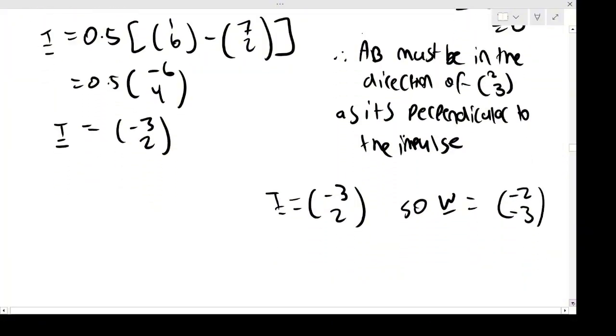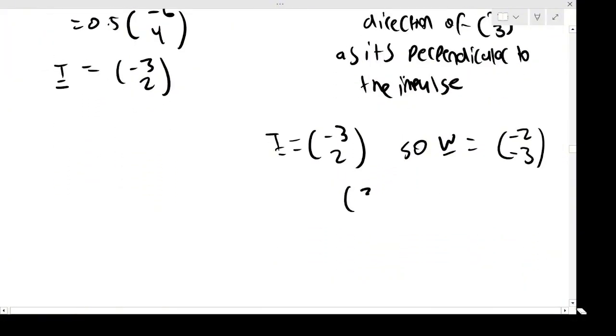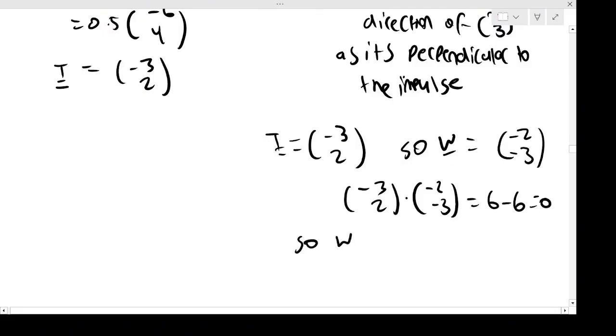That's still perfectly fine. So again, if you did the dot product, you should get 6 - 6, which is still 0. So the dot product works, okay? So it's still perpendicular. So again, because they're perpendicular, W is in the direction of -2, -3.